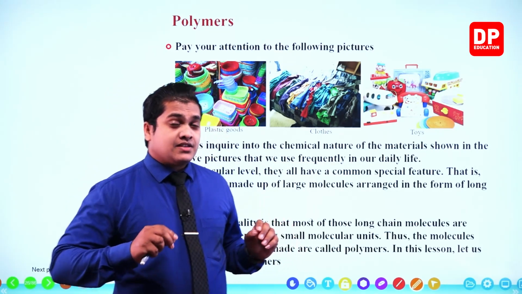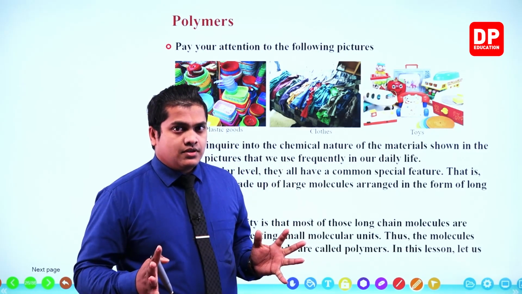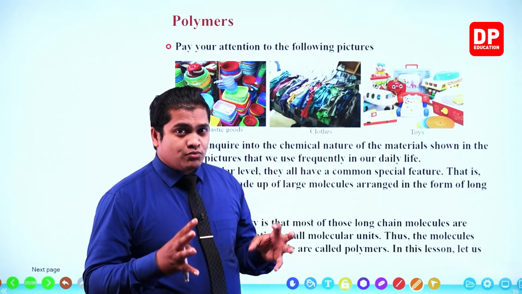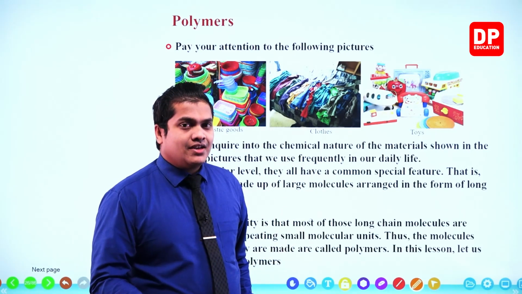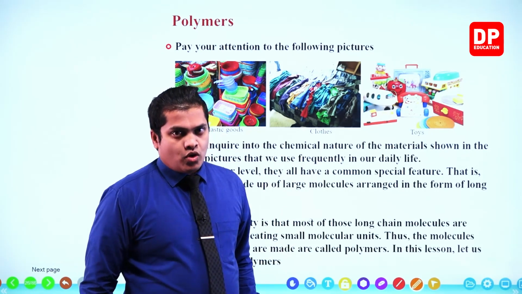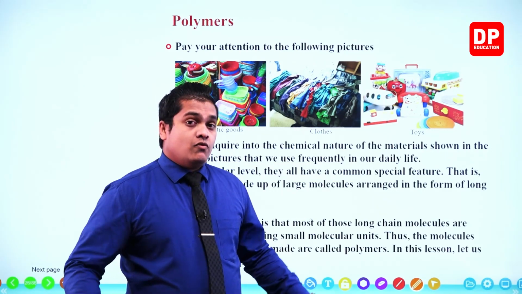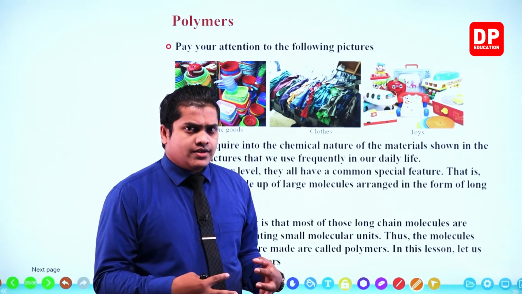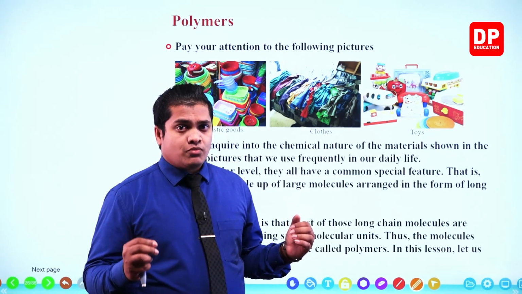Like I said, these are very large molecules. However, these long chains or very large molecules are created with the help of small molecules. A very large count of smaller molecules joins together to form a very large molecule.